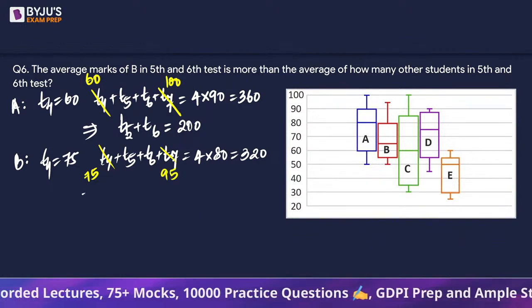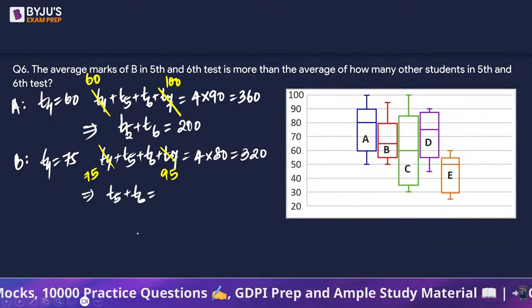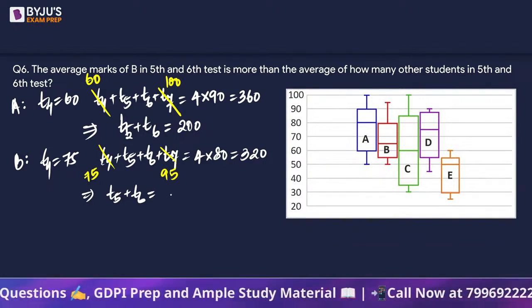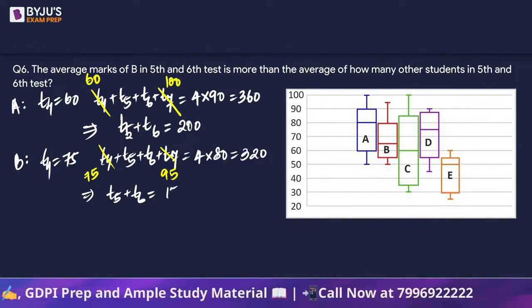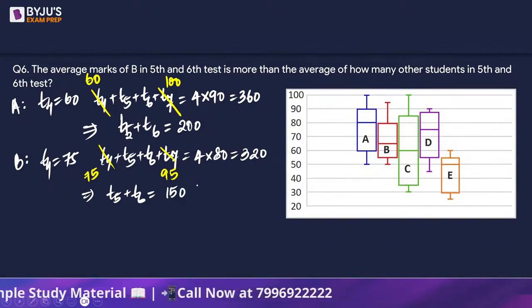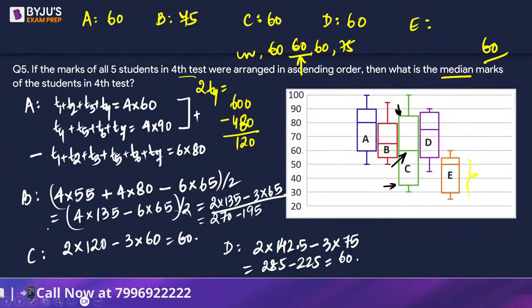So from here, can we say that T5 plus T6 is 320 minus 75 plus 95, which is 170. That will result in 150. Right? Okay.